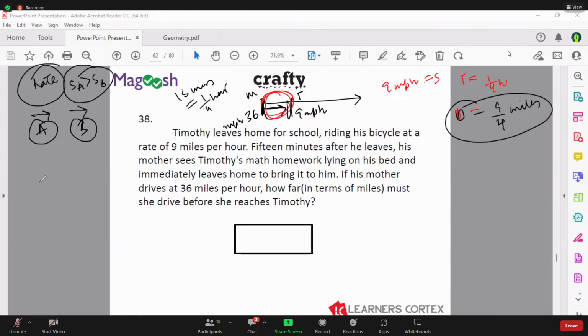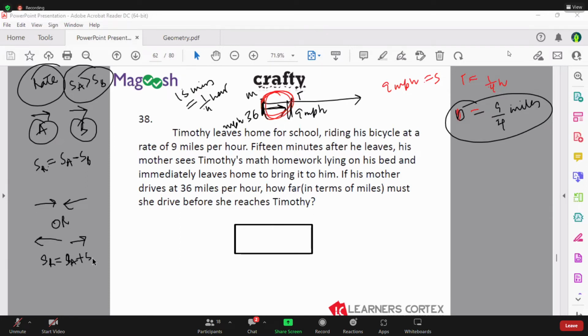the resultant speed becomes the difference of the two. And if they are traveling either towards each other or away from each other, the resultant speed becomes the addition of the two.